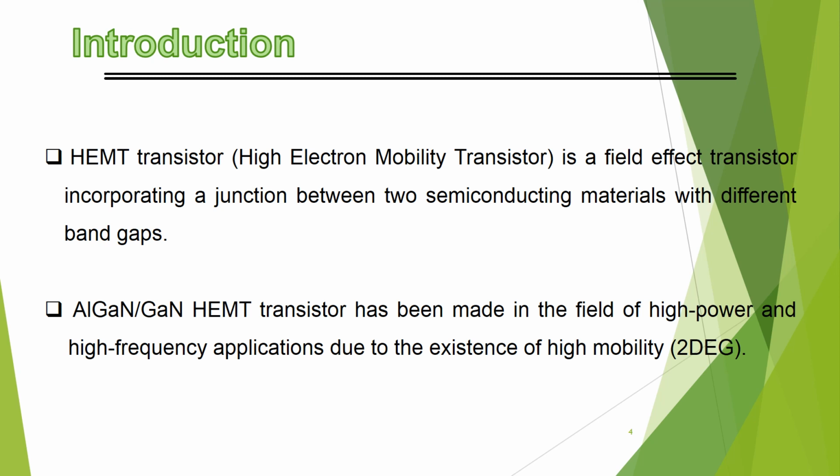A HEMT, high electron mobility transistor, is a field effect transistor incorporating a junction between two semiconducting materials with different band gaps. The most studied component today is the AlGaN/GaN HEMT, used in high power and high frequency electronic applications due to the existence of a high mobility 2DEG at the AlGaN/GaN interface.